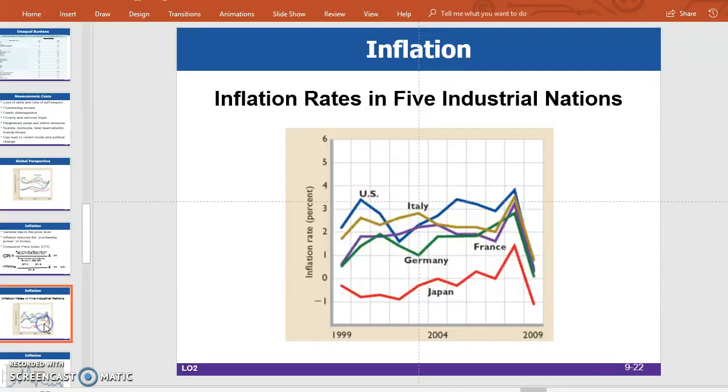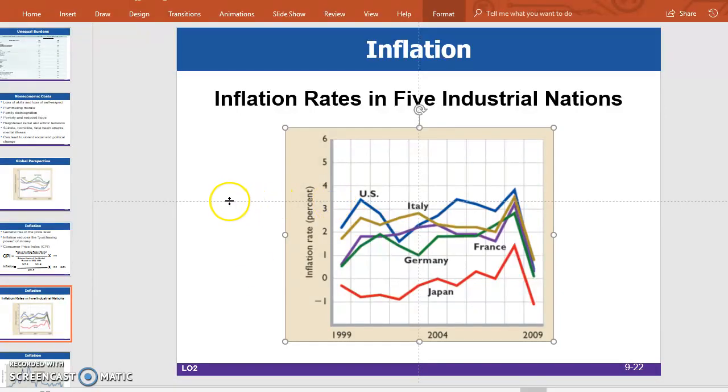Now let us look at this again. We compare inflation from 1999 to 2009 in the US, Italy, France, Germany, and Japan. Look at the US inflation rate. This dashed line is the 3% rate, and this is the 4% rate.